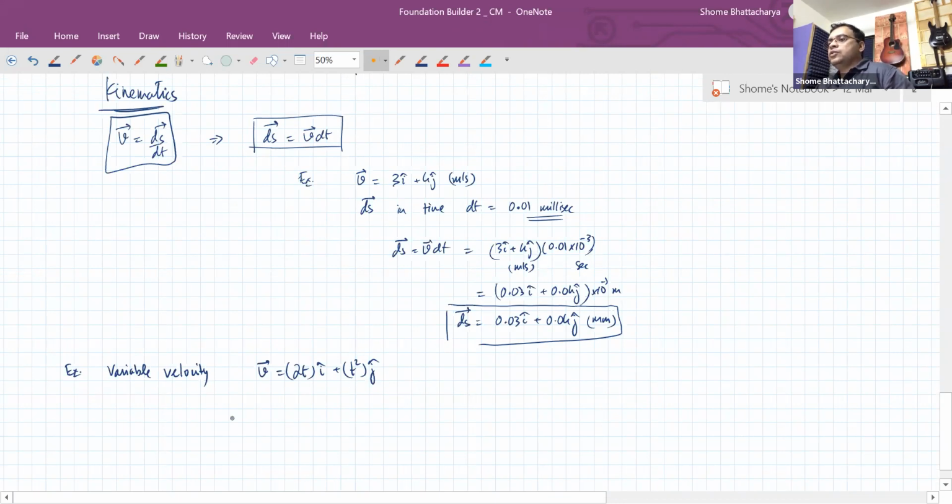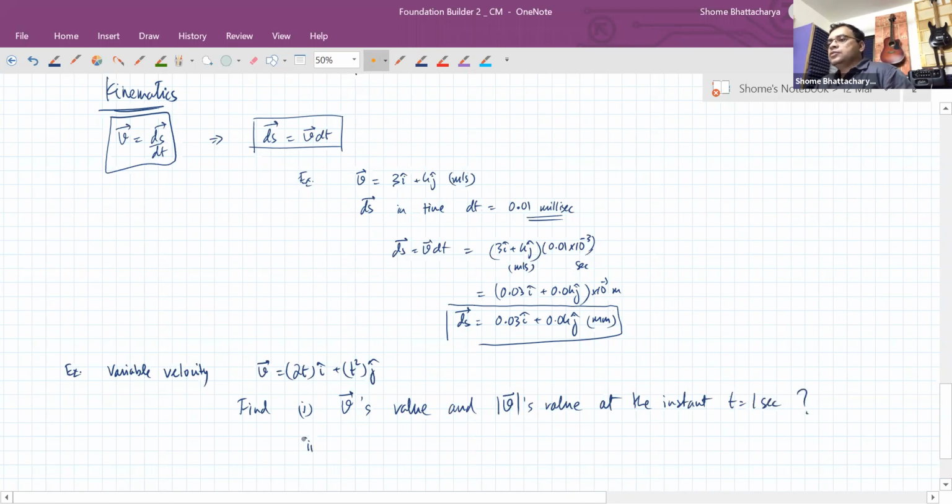Now I want to find out the instantaneous velocity's value, and the mod of the instantaneous velocity's value at the instant t equal to 1 second.